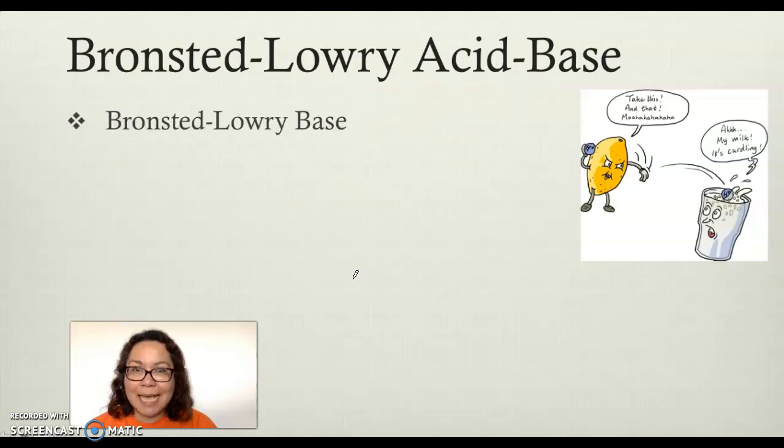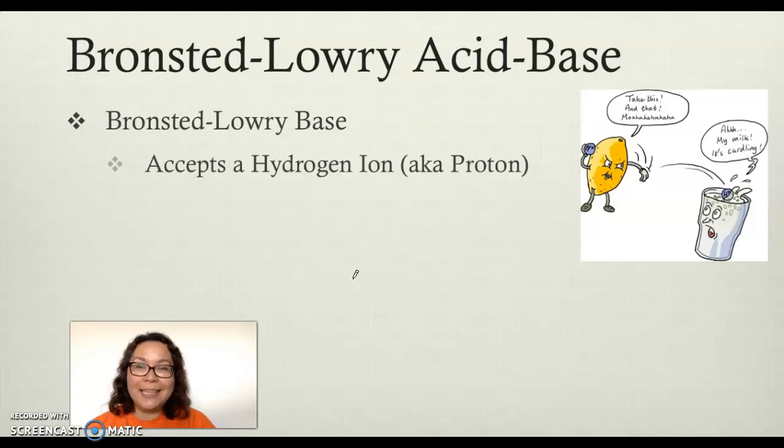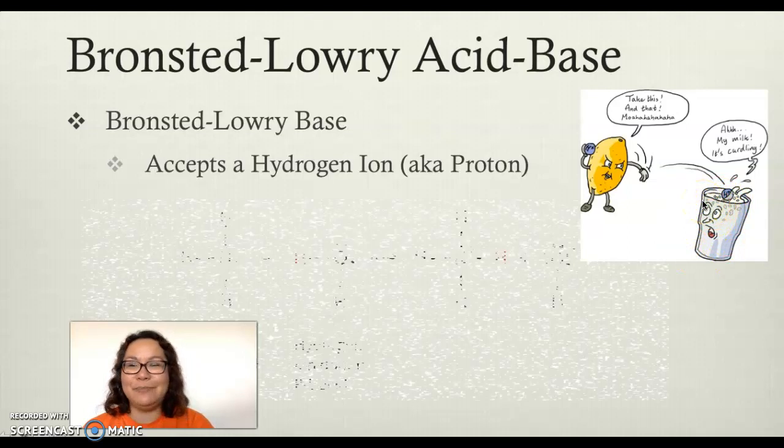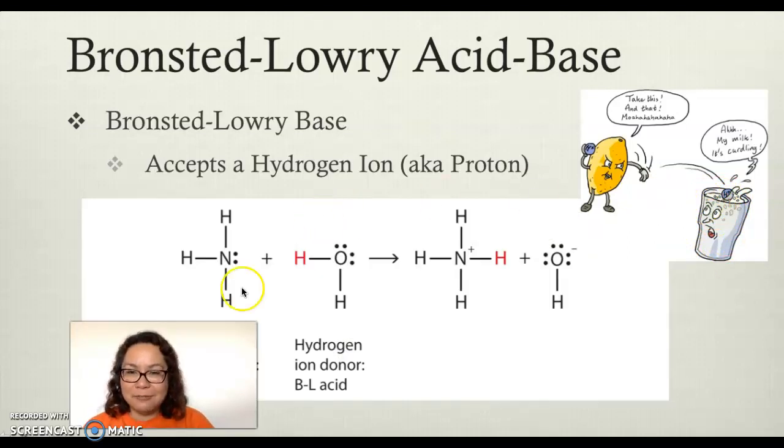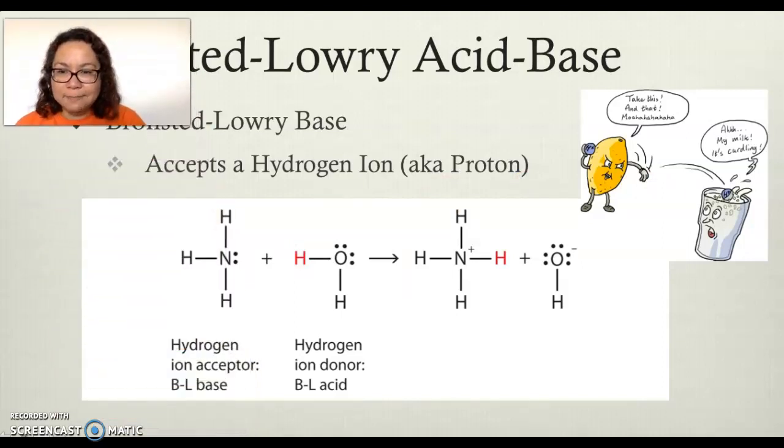And the opposite of that, the Bronsted-Lowry base, accepts the hydrogen ion, also known as the proton, which is what is happening to this poor milk here. It is accepting those protons from that lemon. So what's going on in this sample chemical equation?